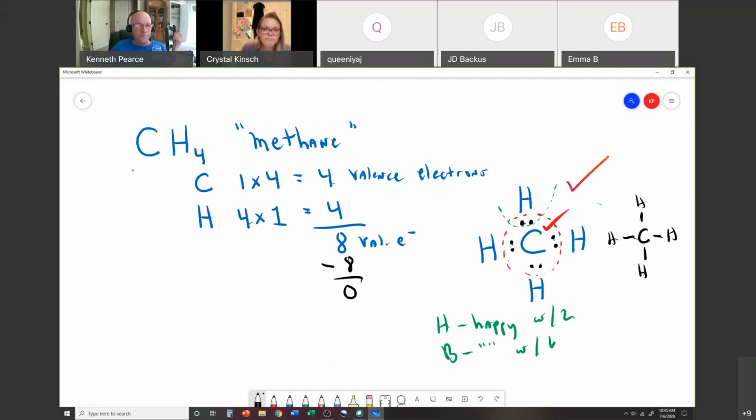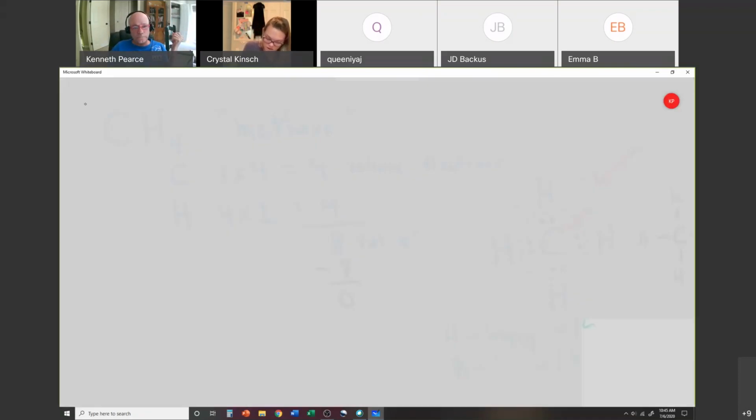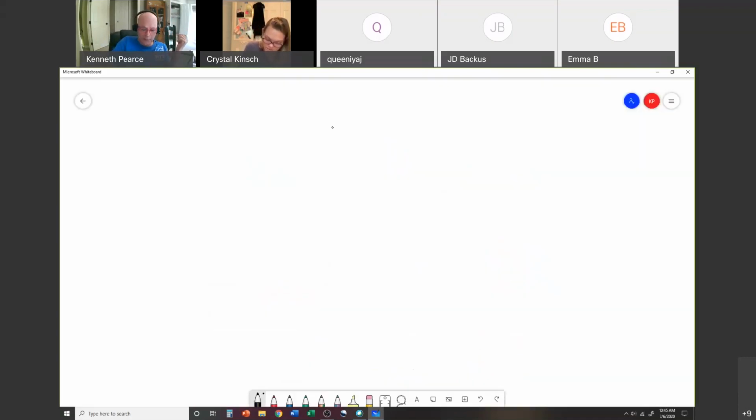All right, let's do another one. How about this guy right here? I like using fluorines. Nitrogen trifluoride. How do we name these things? First off, everything we're doing is covalent, so this is a covalent compound.